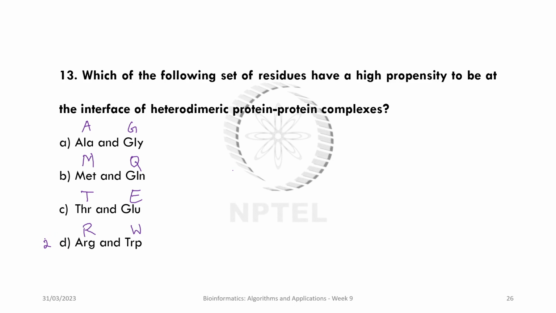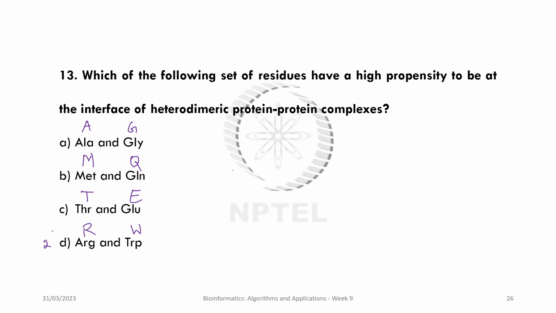Again, in the references, I don't see any values for alanine and glycine. Methionine and glutamine, again nothing. Threonine and glutamate, nope.